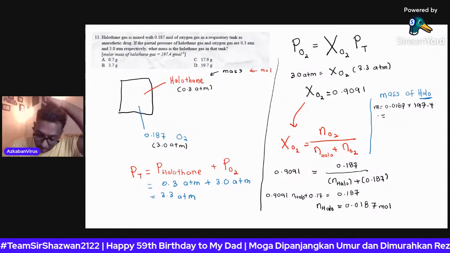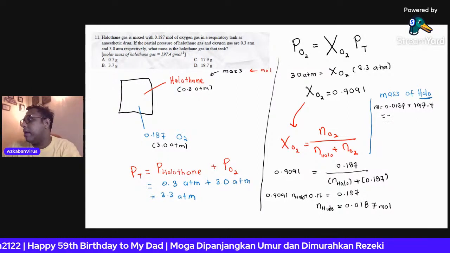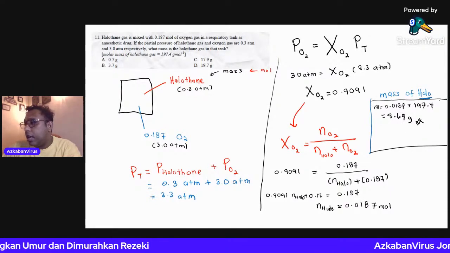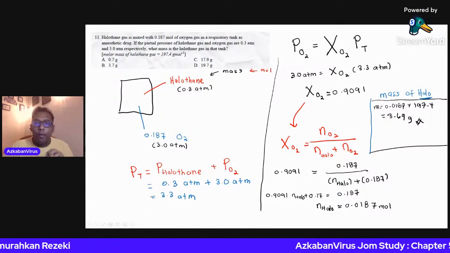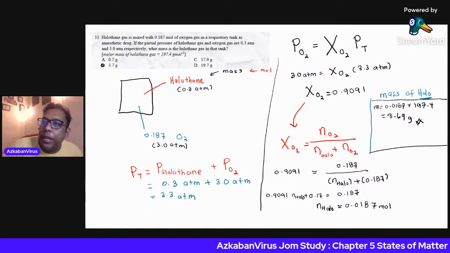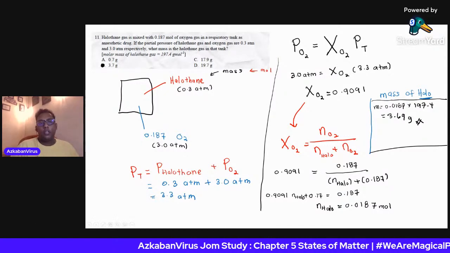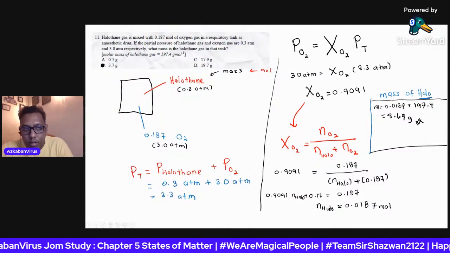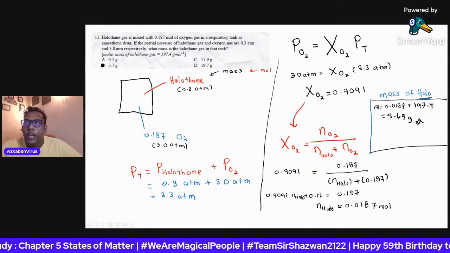Ini yang akan dapat sama dengan 3.69 gram. Soalan ni tak susah. Tapi soalan ni dia macam memerlukan kamu fikir lebih sikit. Sebab itulah jawapannya B. Okay? Perlu kreatif sikit dalam pemikiran.